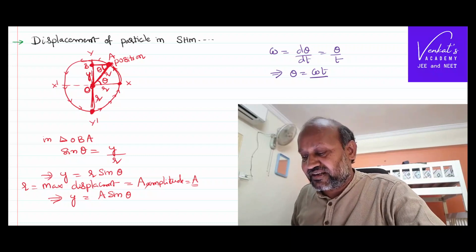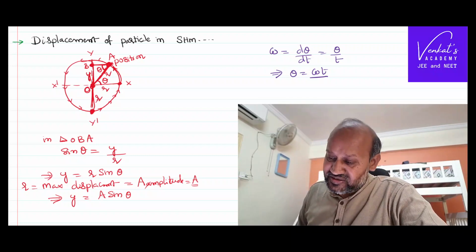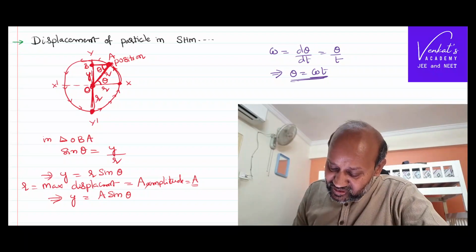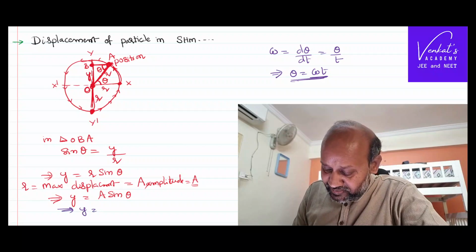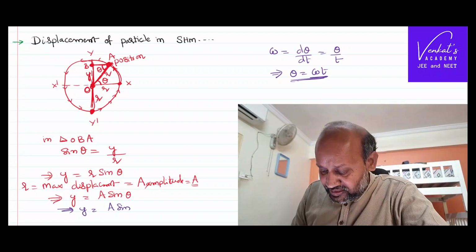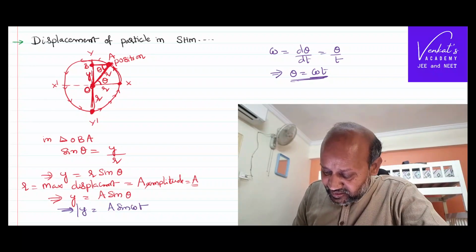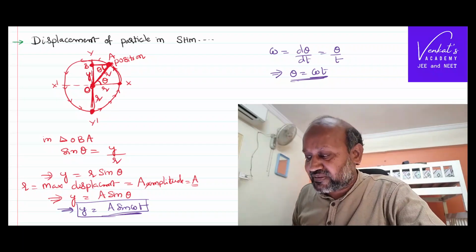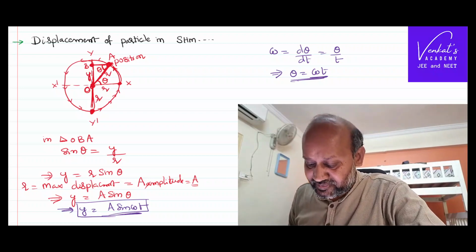Omega is the angular velocity. Theta is the angular displacement. So we can write theta equal to omega t. So what happens to our equation now? y equals A sine omega t. This is the expression for the displacement of a particle in simple harmonic motion.